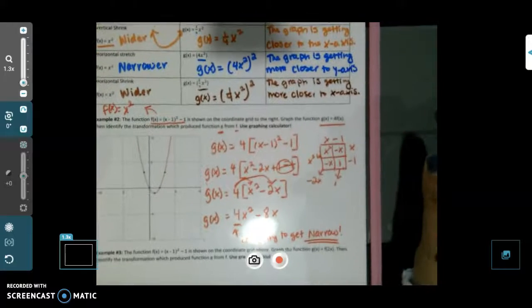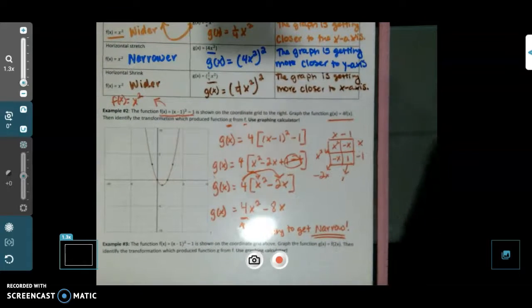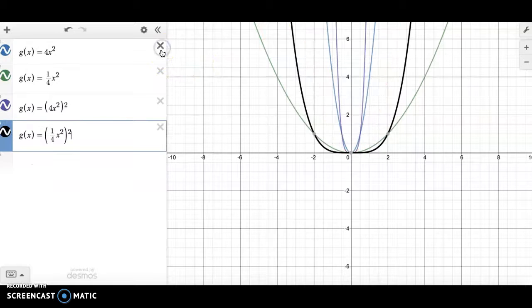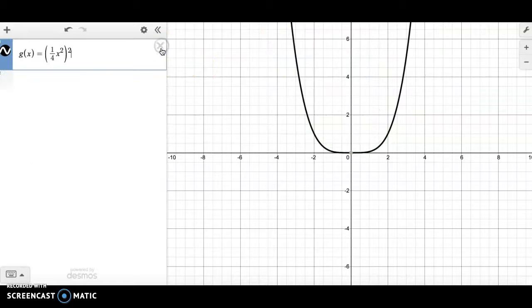So let's actually hop onto Desmos so you can see that effect. Okay? So let's go ahead and hop onto Desmos, and that could be your graph, okay? Because I know some of you probably can't graph on your Google document, but let's go ahead and hop onto Desmos, okay? So I'm going to go ahead and exit out all of these graphs.